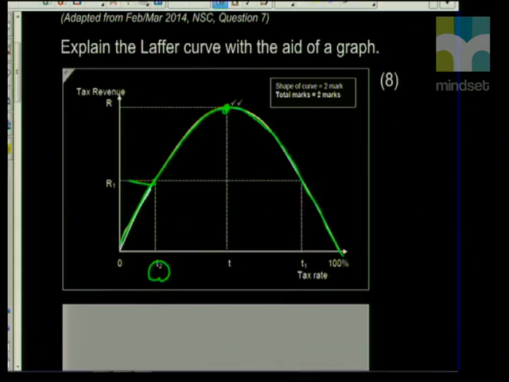the revenue generated will be R1. And if the tax rate keeps on increasing, this shows the increasing tax rate, is the tax. If it keeps on increasing, if it goes, for example, to T, I'll say T0, what is going to happen? We'll have R0.